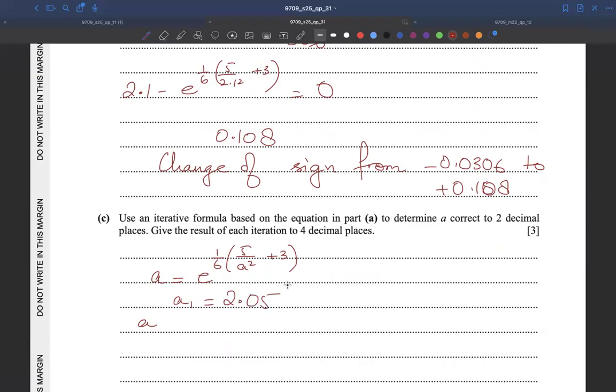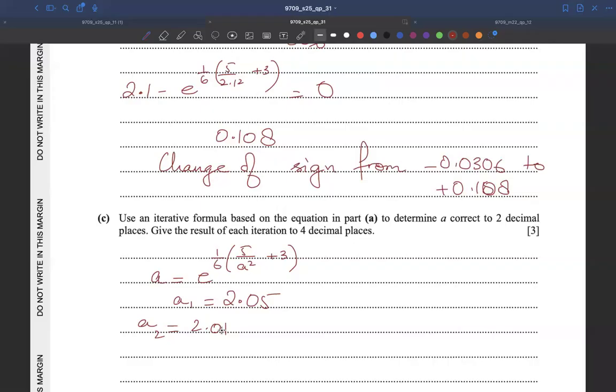We get e to the power of 1 upon 6 multiplied by, in bracket form, 5 upon 2.05 whole squared, and then plus 3. And we'll close the bracket, and we'll get 2.01.